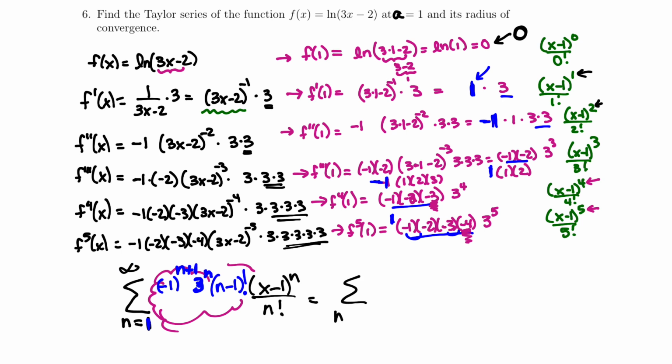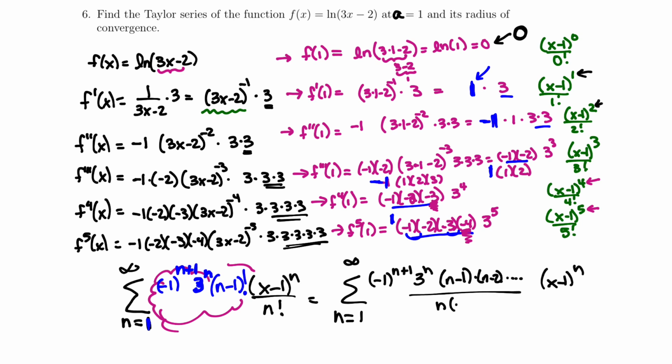So that means we're at n equals 1 to infinity, negative 1 to the n plus 1 times 3 to the n. I've got n minus 1 factorial, which is n minus 1 times n minus 2 dot, dot, dot. And then I have n factorial, which is n times n minus 1 times n minus 2 dot, dot, dot.